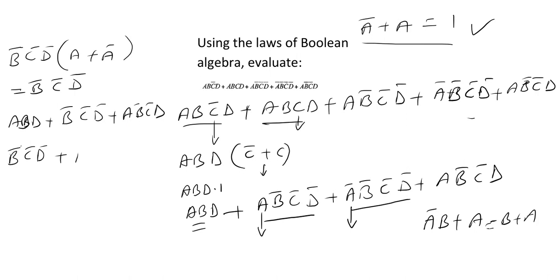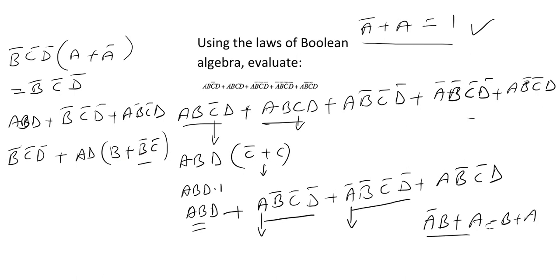Then we have the expression B plus not B, not C. So when you compare this expression and this expression, you'll find that they are similar, where now this A represents this B, and our A complemented here represents the B complemented here.